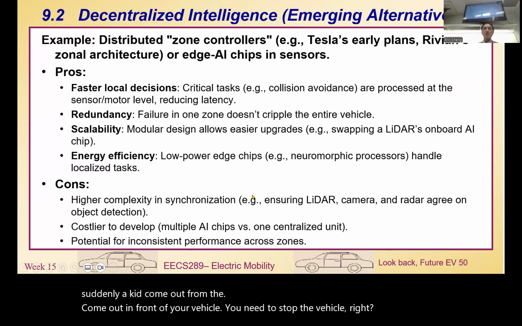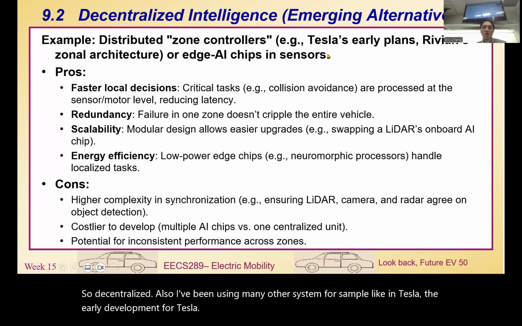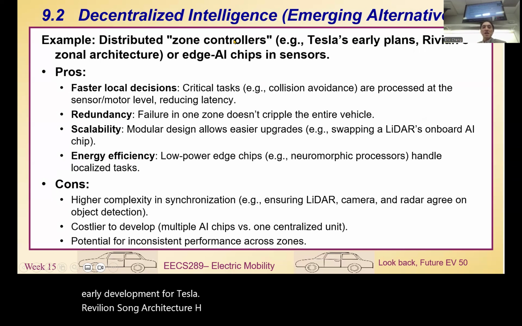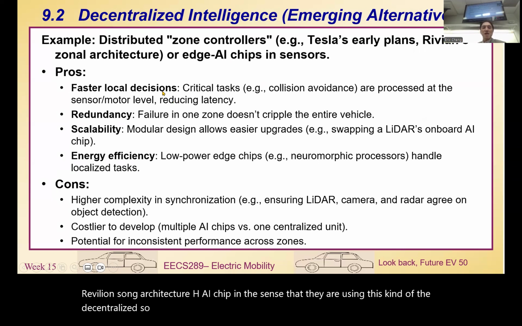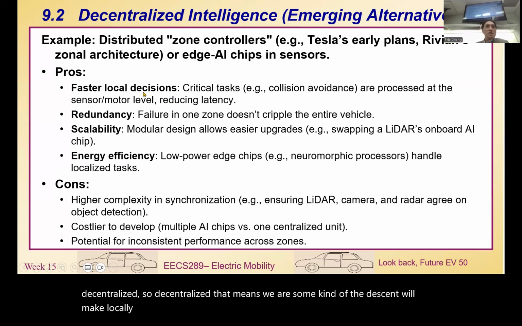Decentralized control has also been used in many other systems. For example, in the early development of Tesla, the architecture and AI chip used this kind of decentralized approach. Decentralized means some decisions are made locally, which avoids processing time, especially for computer systems that are not that intelligent or high speed.